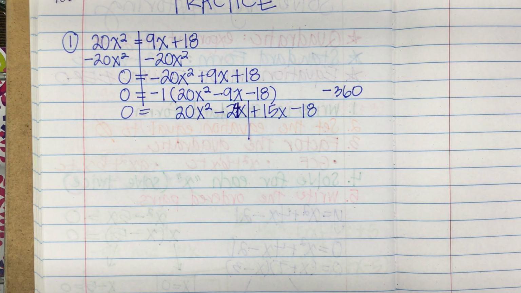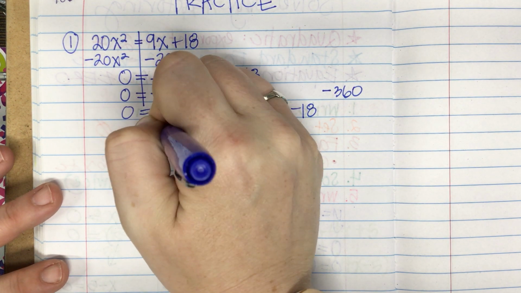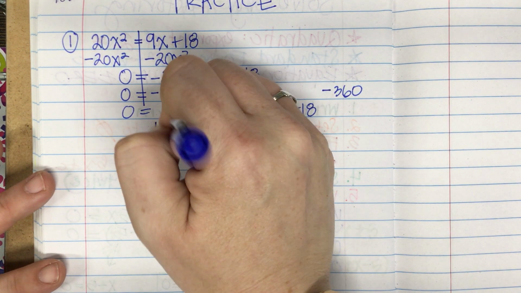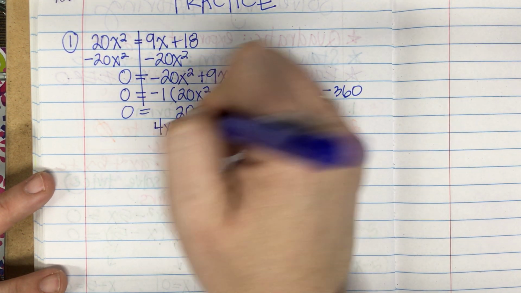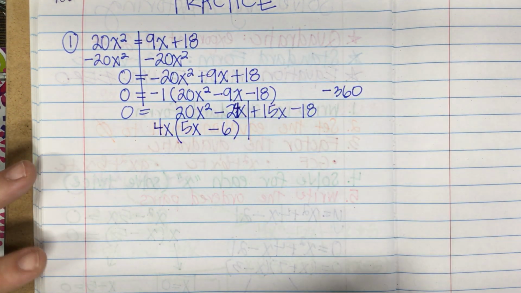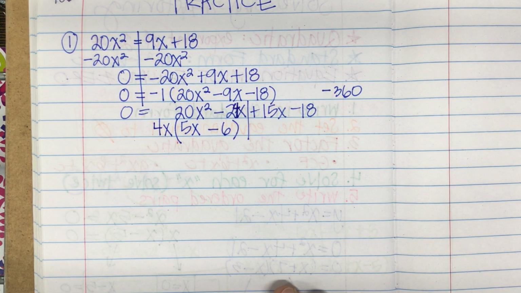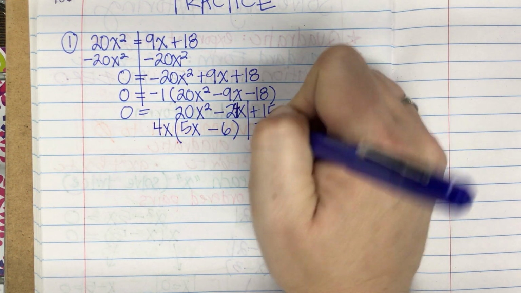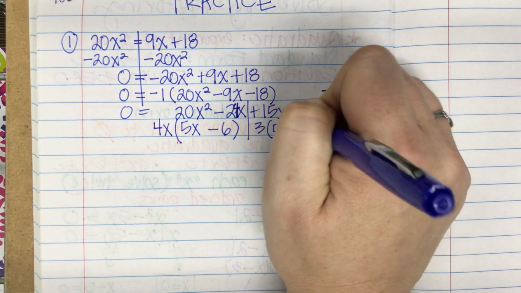Split it in half. GCF of this half? Yes. 4x, leaving behind 5x minus 6. GCF of this half? 3, leaving behind 5x minus 6.